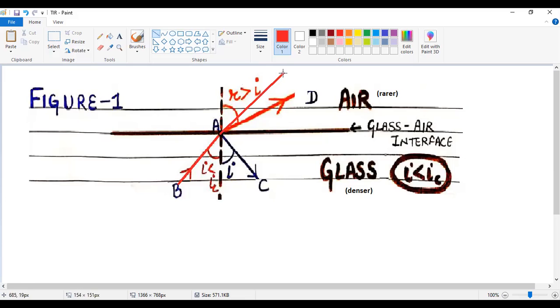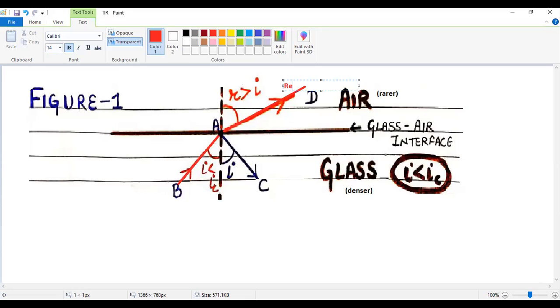So the light has to go in the same direction, but due to the change in medium from denser to rarer, the light will bend away from the normal. So the path of light is changed, and this A to D ray is known as refracted ray. So AD is refracted ray.